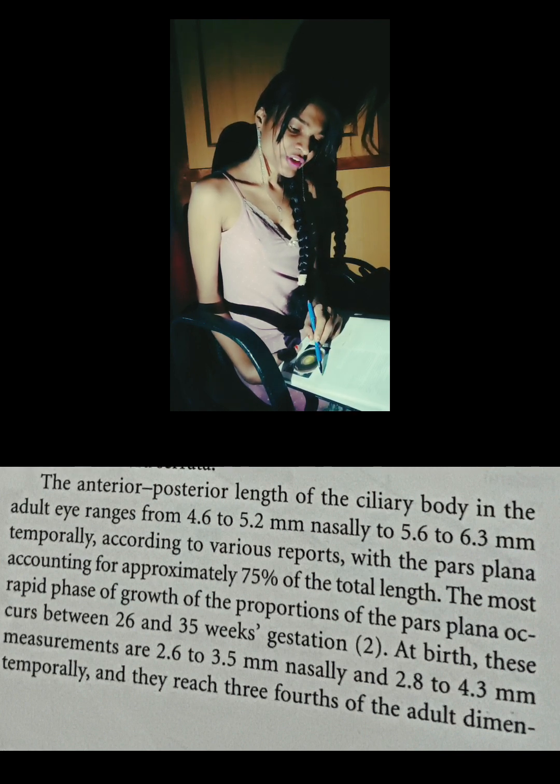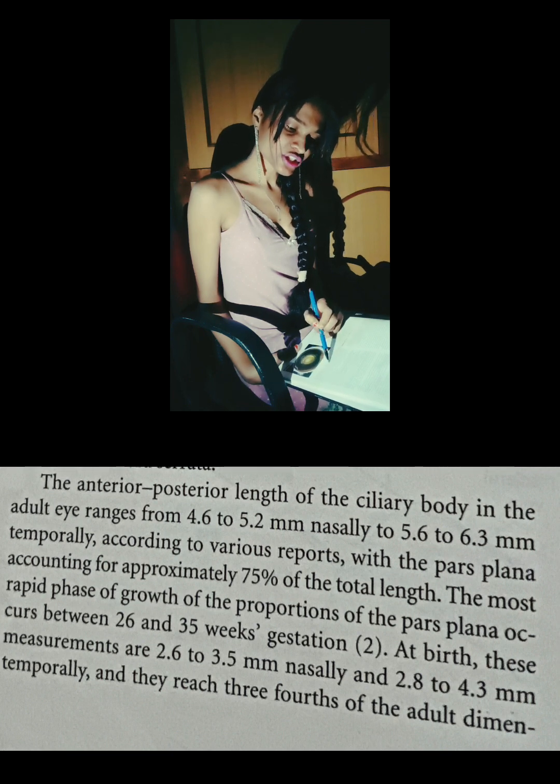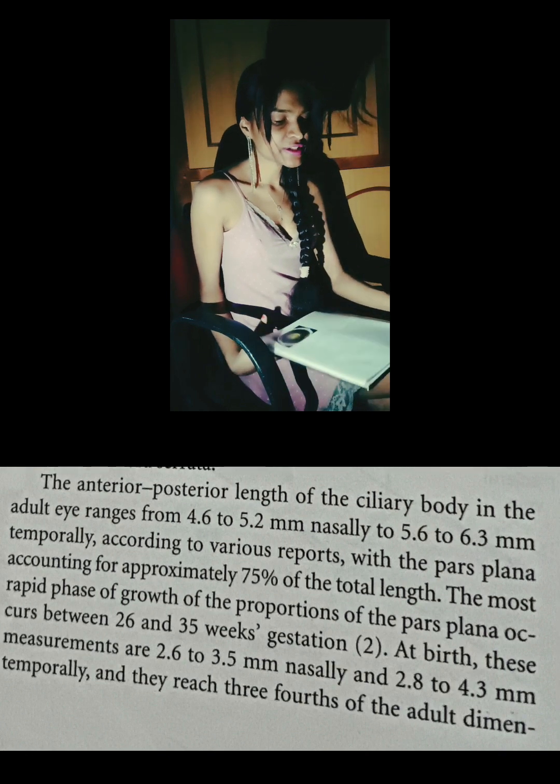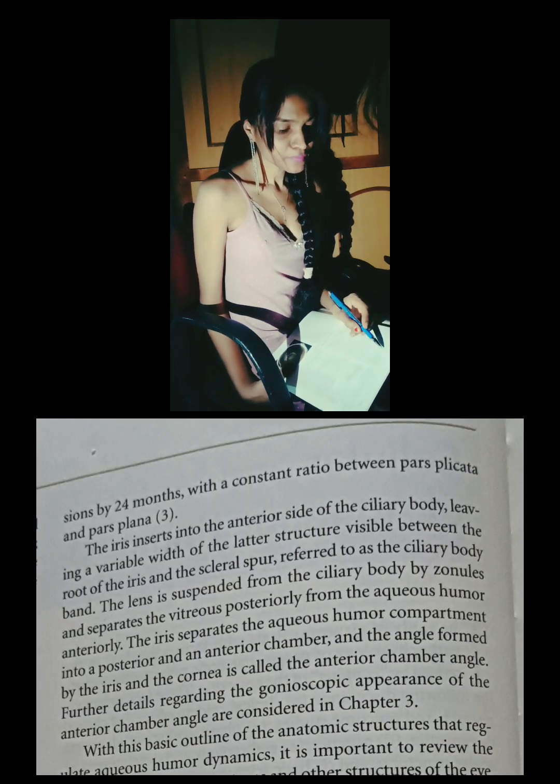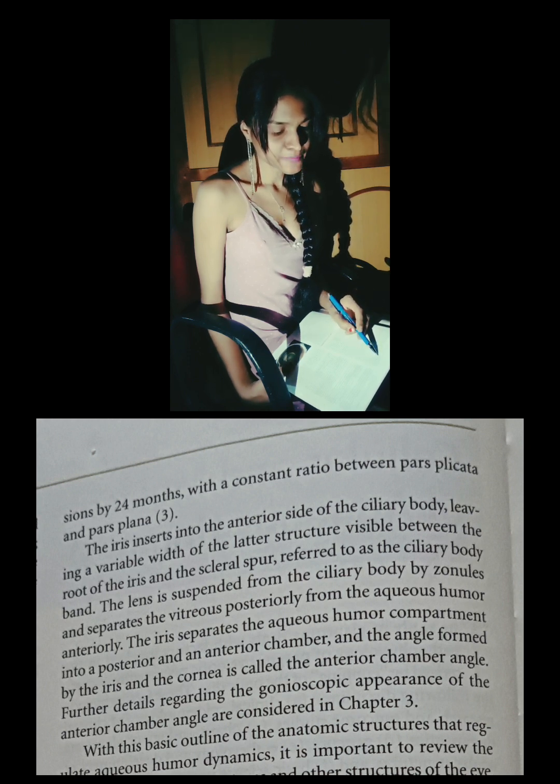The most rapid phase of growth of the proportions of the pars plana occurs between 26 and 35 weeks gestation. At birth, these measurements are 2.6 to 3.5 mm nasally and 2.8 to 4.3 mm temporally, and they reach three-fourths of the adult dimensions by 24 months, with a constant ratio between pars plicata and pars plana.